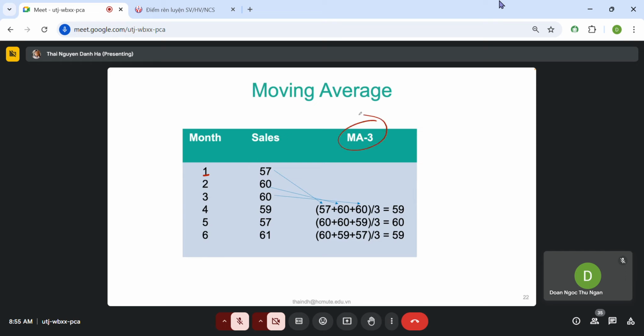Because we need to use the moving average 3, it means we need to find the average of the previous 3 periods, right? So that's the reason we cannot forecast for January, we cannot do it for February, and same with March.